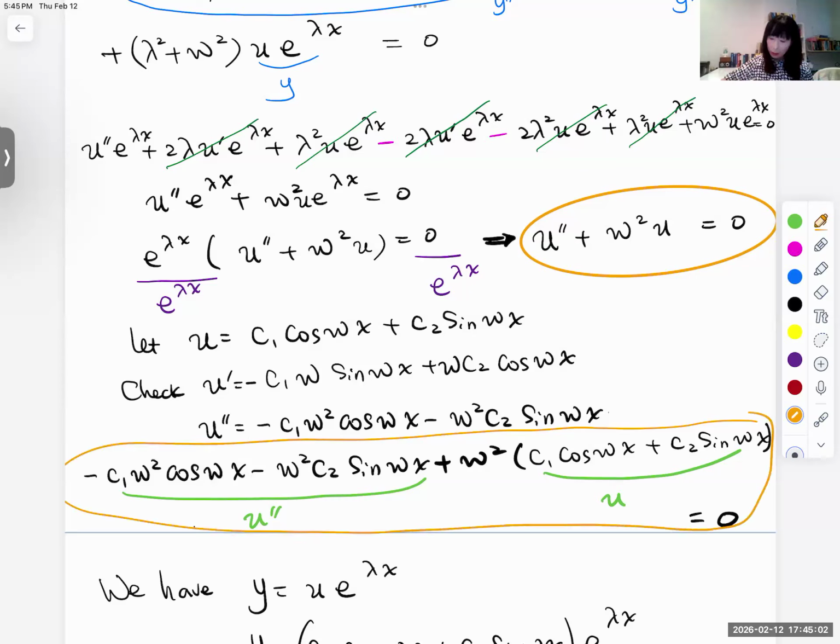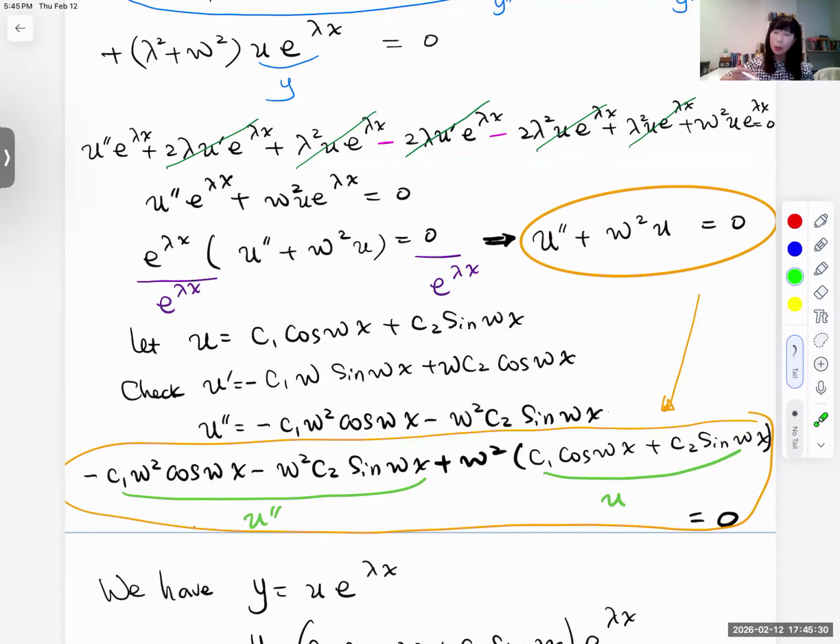Yeah, a little bit ugly, right? So no space. Okay, so u second prime, we are using here, and omega squared here. And then u, we are using this one here, right? Then we simplify. If we distribute, then this one cancels out and this one cancels out, right? Which is 0. Make sense?